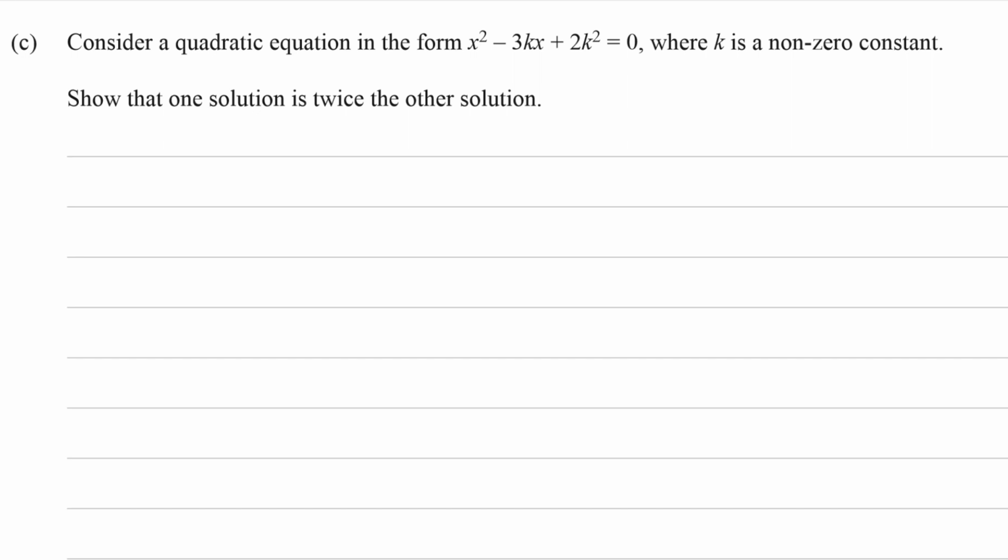So this one's a bit tricky because k, we don't know what it is. So we have to rewrite the quadratic equation out. And we're trying to find two numbers that multiply to 2k squared and add to minus 3k.